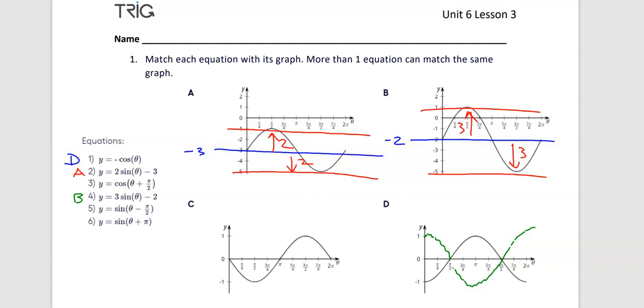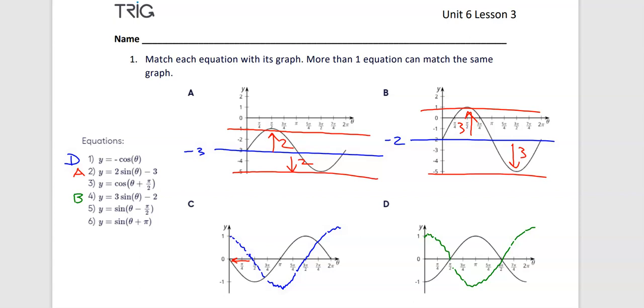So if I look at graph C, I would map in the same thing I just did for cosine. This could be a cosine graph that has been shifted pi/2 to the left, so that would be a negative pi/2.